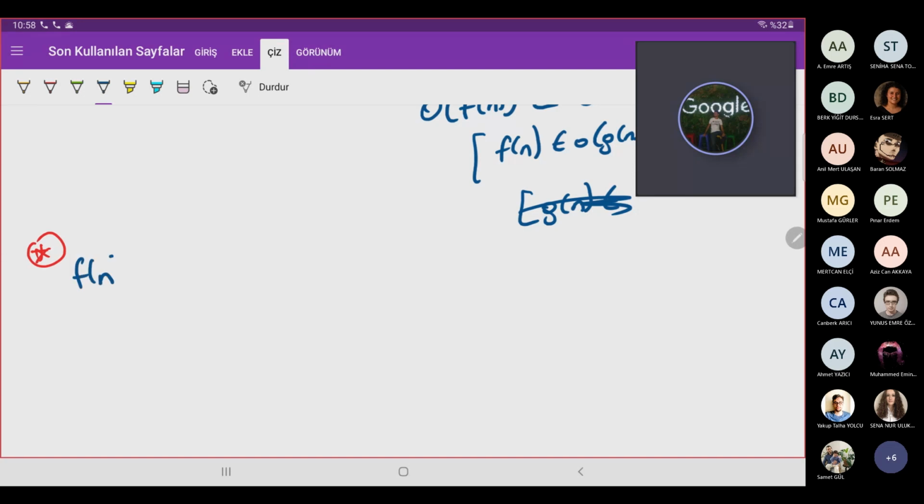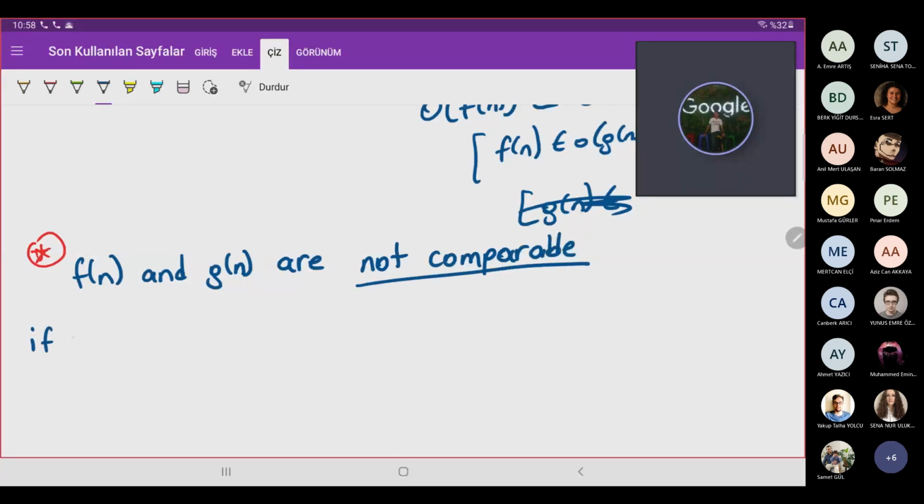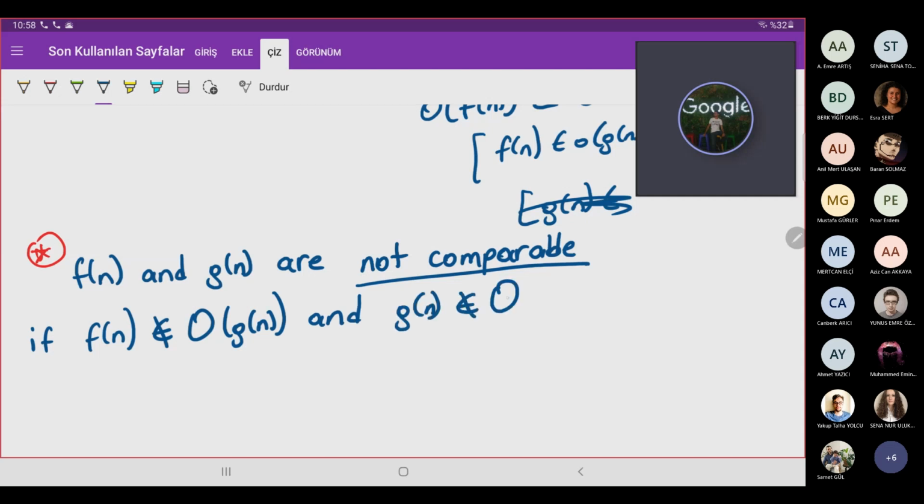So Fn and Gn are not comparable if Fn is not an element of big O Gn, and Gn is not an element of big O Fn.